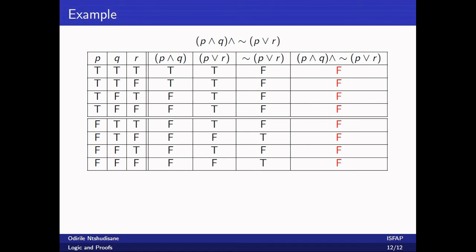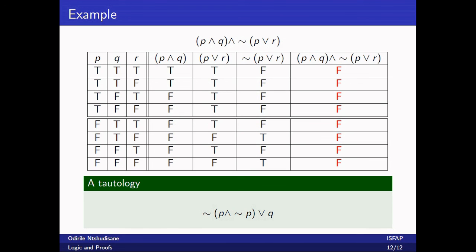As an example, we have that P and Q and not P or R is a contradiction, as if we work out its truth table, we find out that its final truth value is false for any assignment of truth values to the statement variables P, Q, or R. In addition, we have an example of a tautology in the statement form not P and not P or Q.